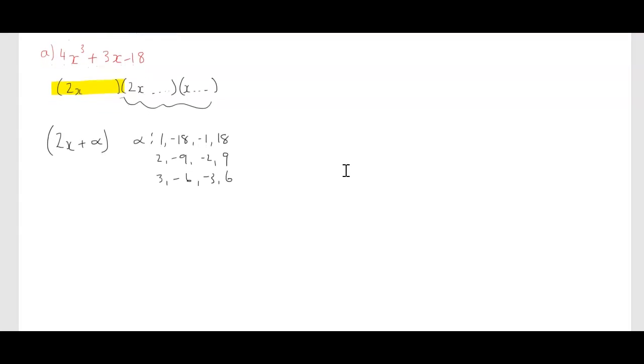So what we need to do is the value of x that we're testing is going to be negative alpha on the coefficient of x, so 2. The first one we're going to try is p of -1 on 2.